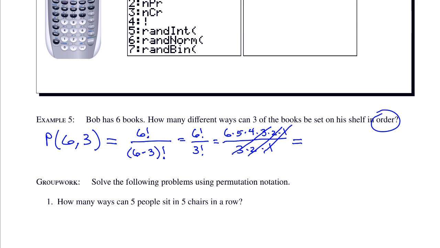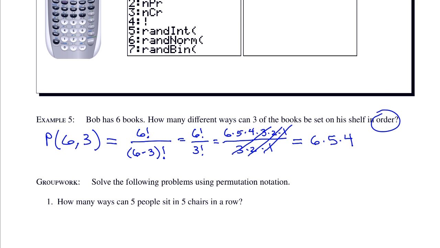And now I'm going to write this out so that you can see what I was talking about earlier. When you work this out, it boils down to 6, 5, 4. So the shortcut way of doing the permutation is to start with the number of objects you're picking from, and then just go down r numbers. So 1, 2, 3. And you sort of truncate the factorial at that point.